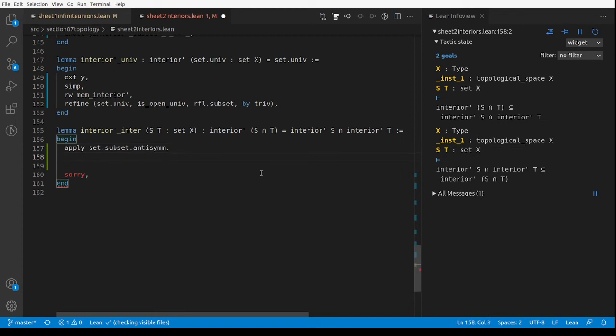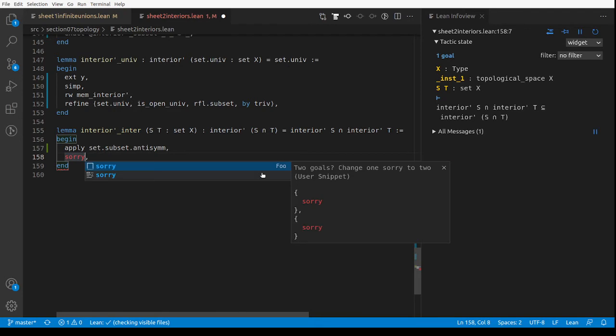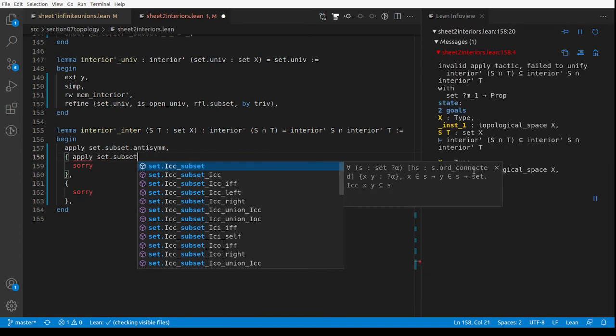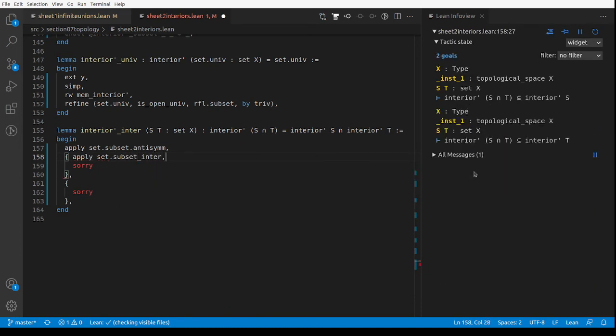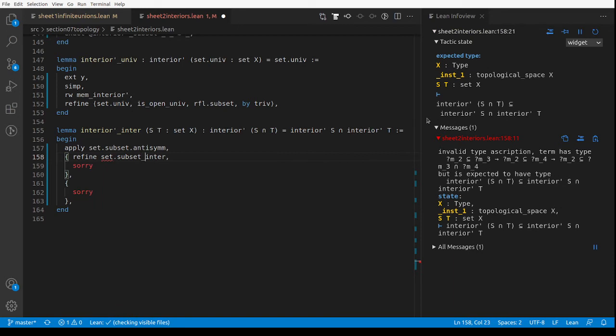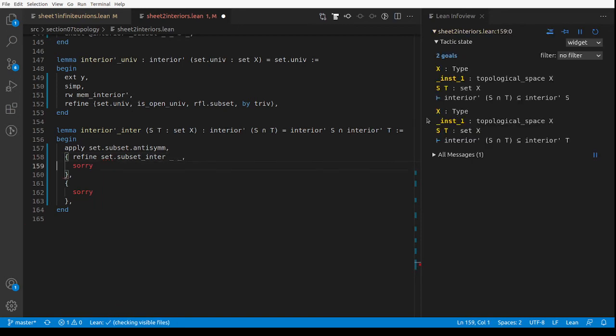And now for this first one, check out my snippets. For this first one, to prove a subset, I mean, apply set.subset inter. That will be a thing, right? Yeah. So I could refine it. Refine set.subset inter underscore underscore.